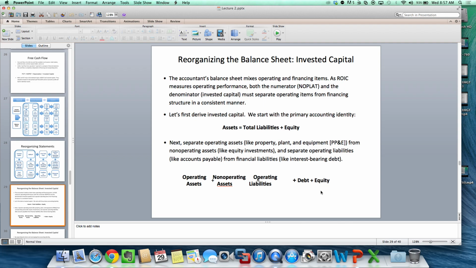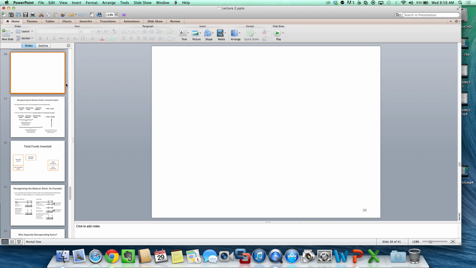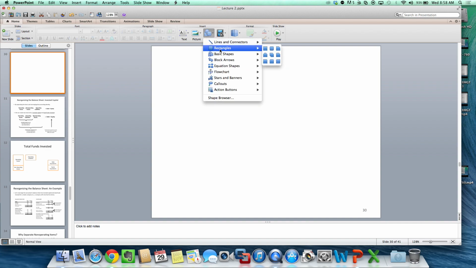Note to self, bring markers to future classes. So I guess I'll draw it in a drawing program. I guess I'll draw it in PowerPoint. So here's the idea.